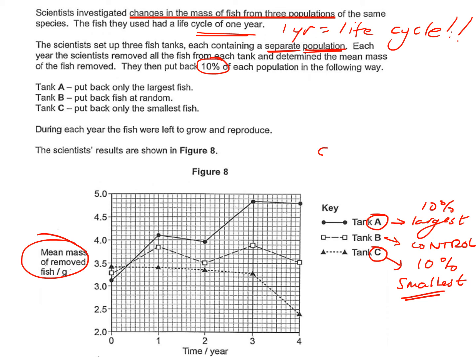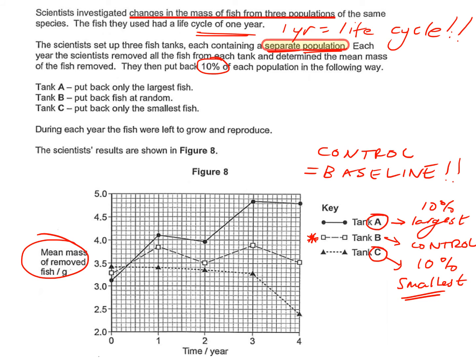So you always use a control in any experiment, and this will always give you a baseline value against which you can then compare. So tank B is our baseline control value against which we can then compare tank A with tank C and the mean mass of those fish.